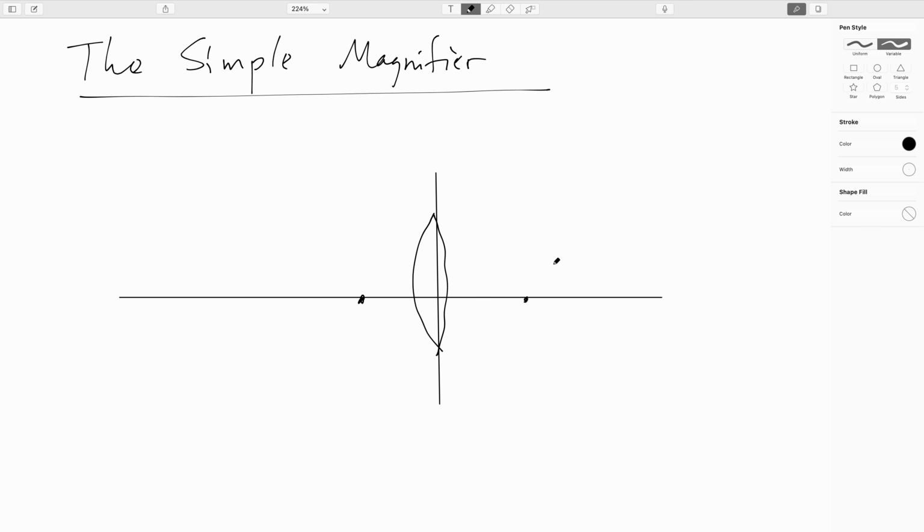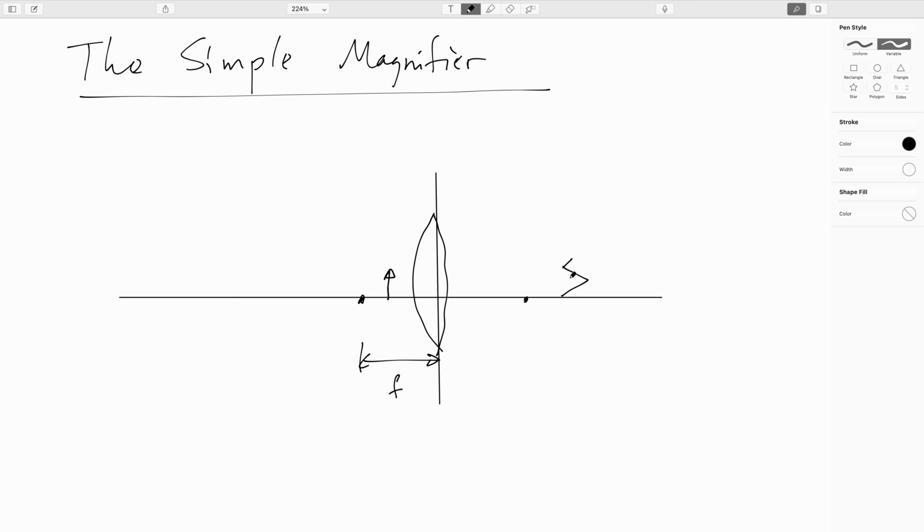There we go, that's our focal plane. And usually what you do is you take your object, which is presumably not that big, and you stick it just inside the focal point. So this will be a case 3 situation where you make a virtual, upright and magnified image.